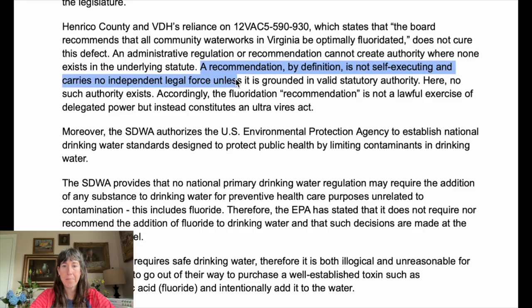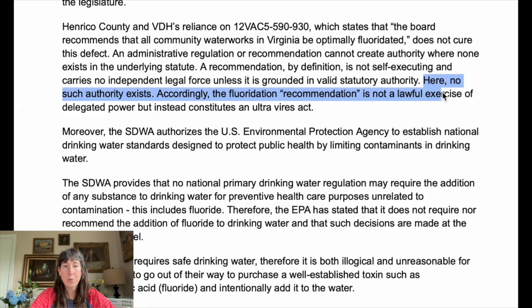A recommendation, by definition, is not self-executing and carries no independent legal force unless it is grounded in valid statutory authority. Here, no such authority exists. Accordingly, the fluoridation recommendation is not a lawful exercise of delegated power, but instead constitutes an ultra vires act.